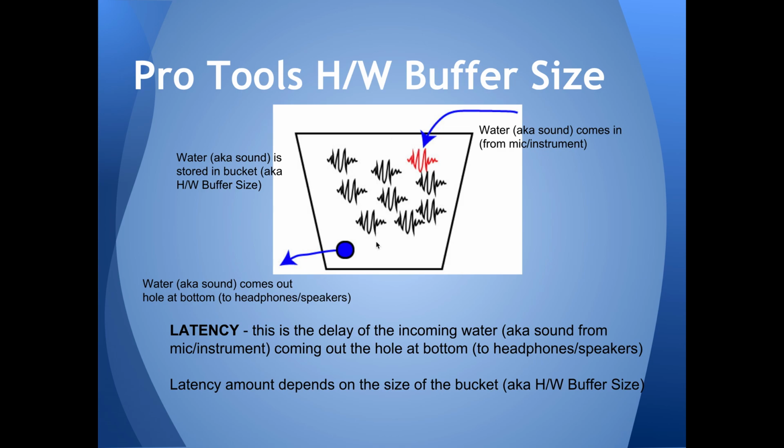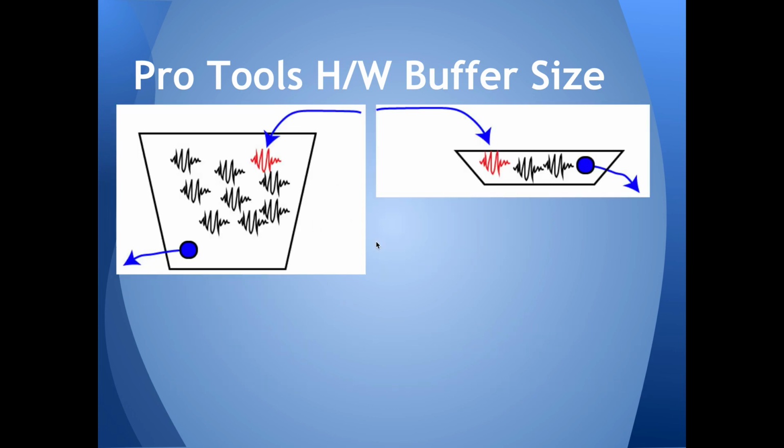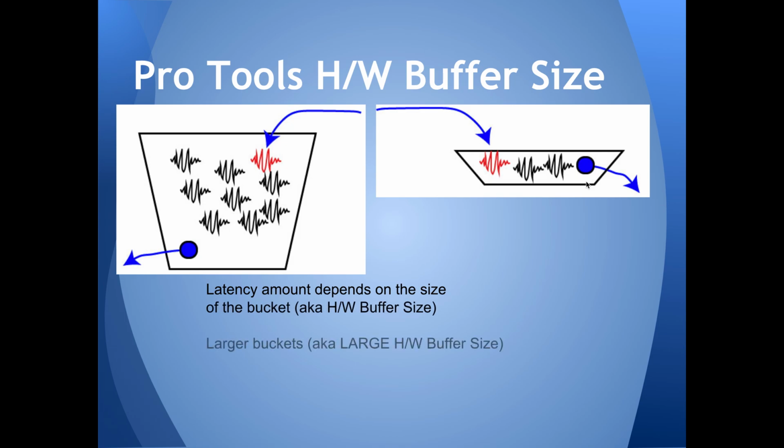The smaller the bucket, the smaller the latency. If you have a smaller bucket, then the sound coming in and the sound coming out is virtually the same thing. This is a big latency problem. This is a small latency problem. Less echo here, a lot of echo here.